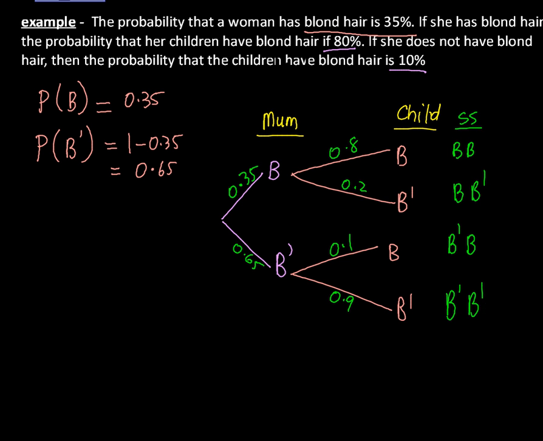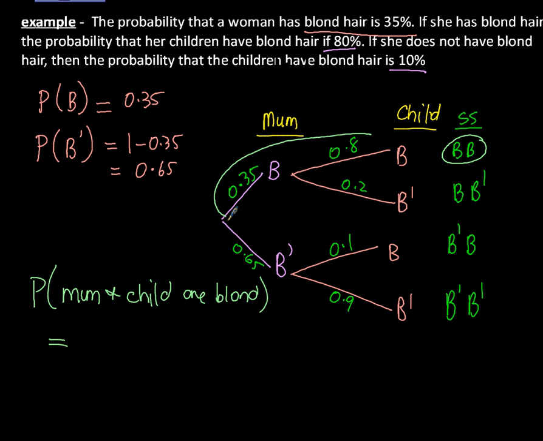All right, so let's say we were asked for a question like this. Find the probability both the mum and the child are blonde. Okay, so let's go and have a look at our sample space. We find the one that we want. Mum and child are blonde, this one here.